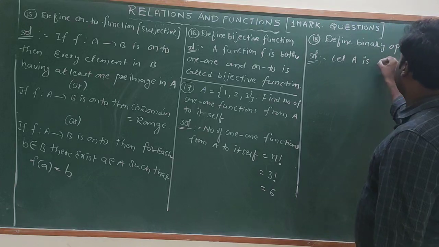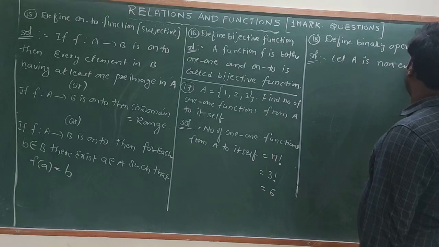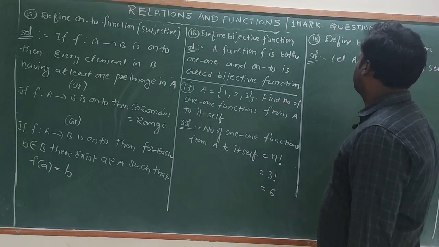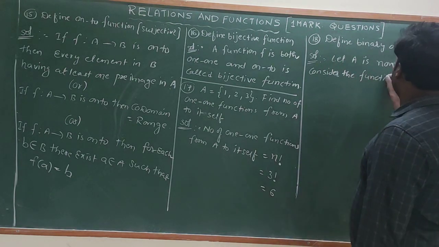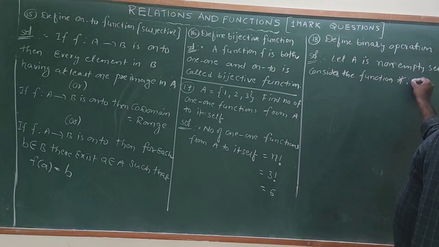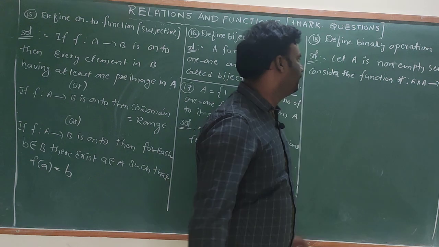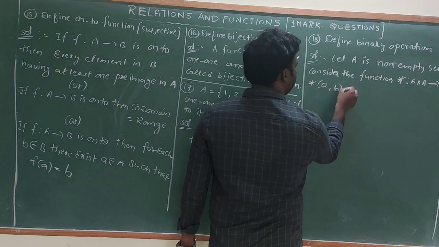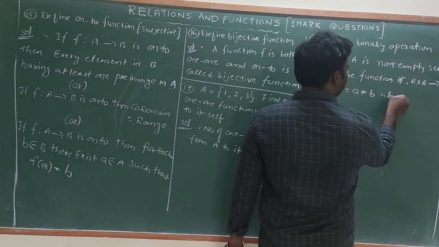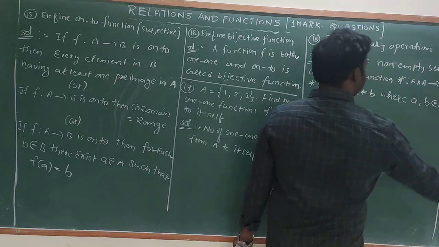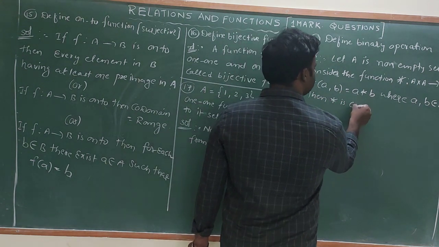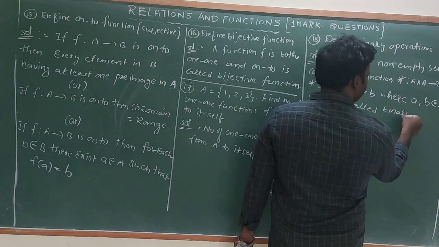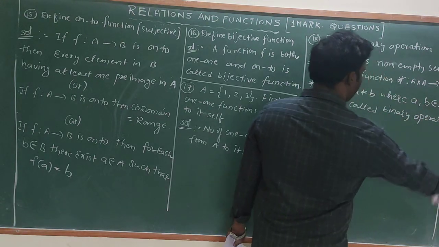Let A be a non-empty set. Consider the function star that maps A cross A to A, defined by star(a, b) equals a star b, where a, b belong to the given set A. Then star is called a binary operation.